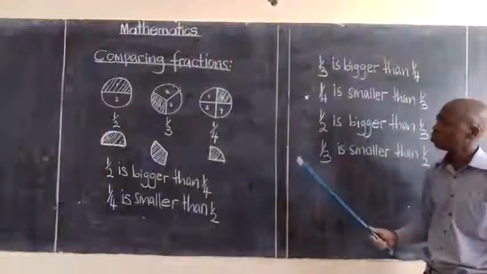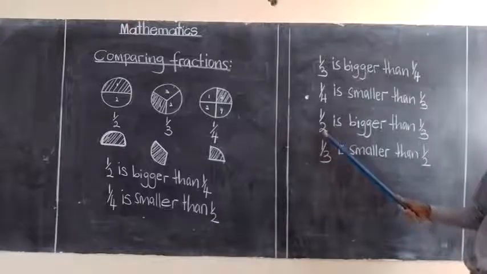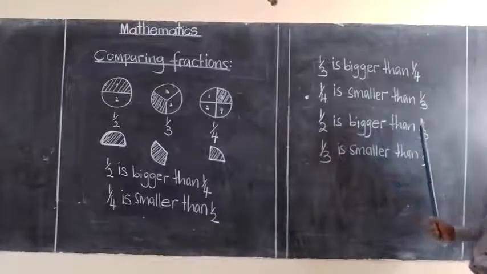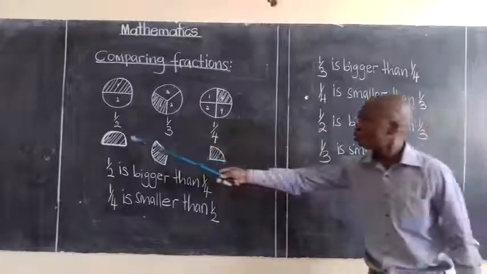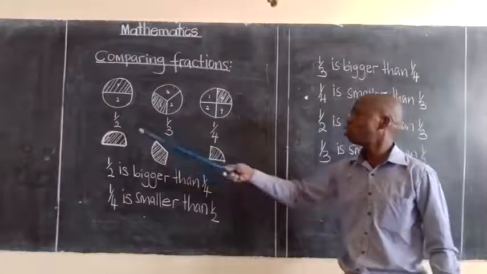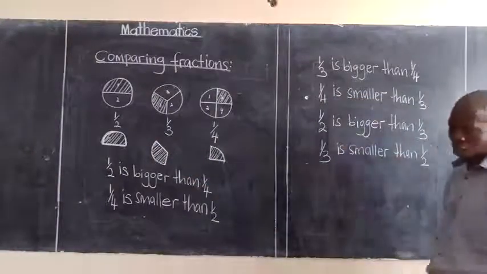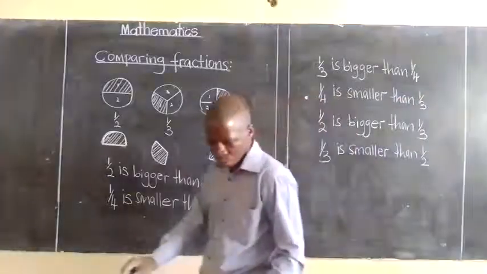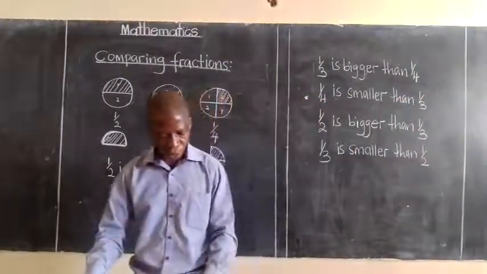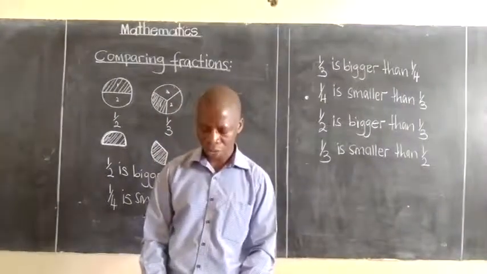Still, if you continue observing, you will realize that a half is bigger than a third, and therefore, a third is smaller than a half. So that is how we can compare fractions.